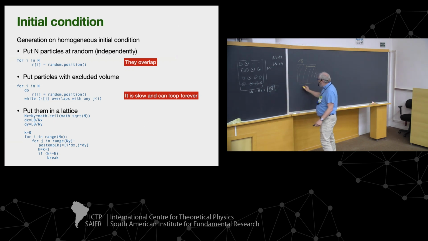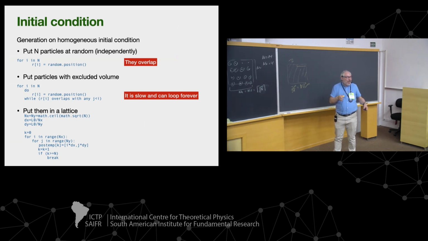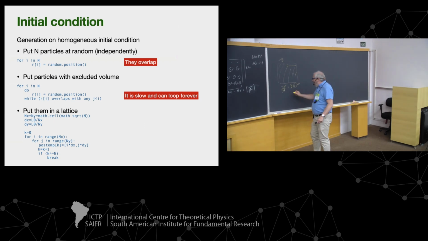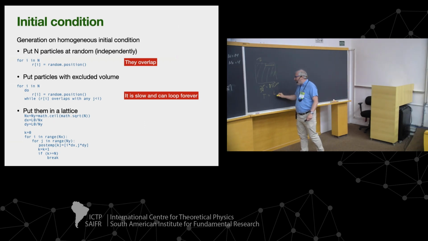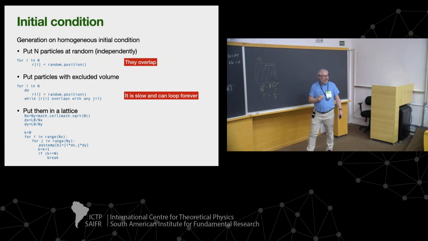And it's going to relax following the diffusion equation. Because it's inhomogeneous, it has to homogenize. And the time it takes to homogenize is the natural time scale of this inhomogeneity, that is the box size squared divided by the diffusion coefficient.